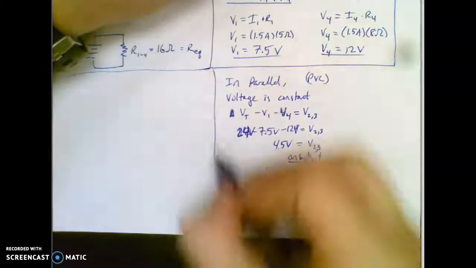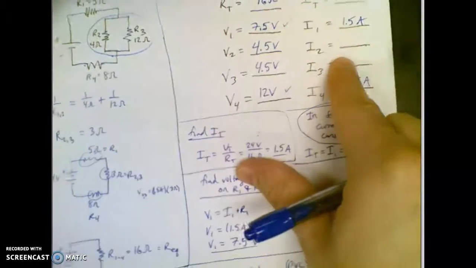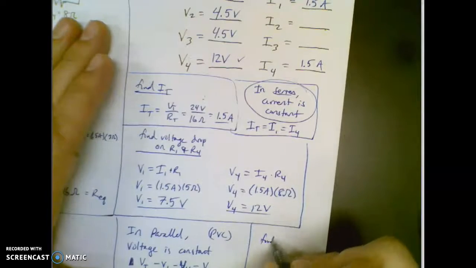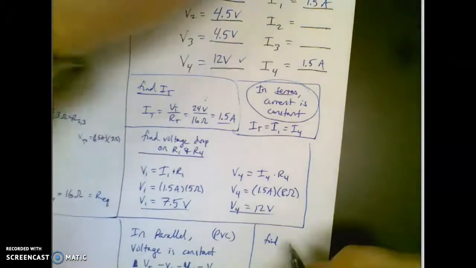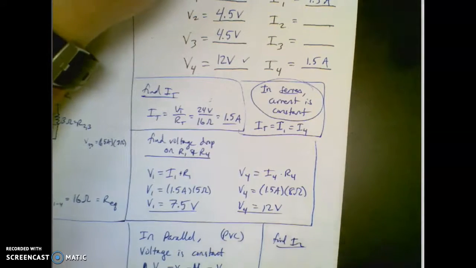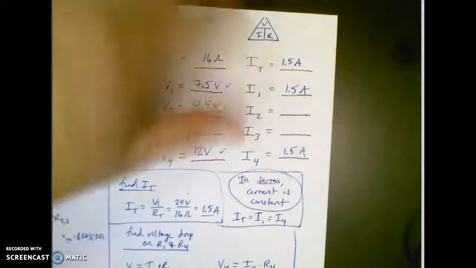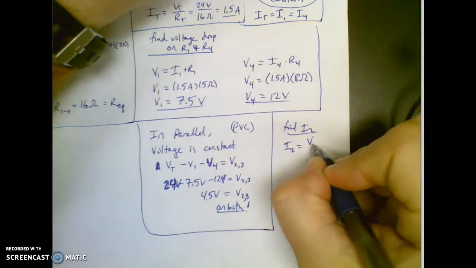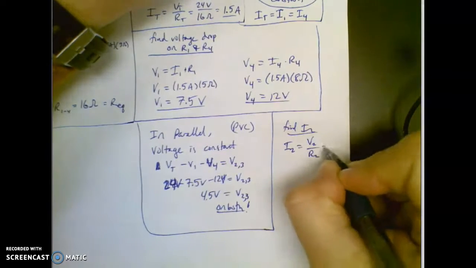But now it leaves us with our last thing, and that's if I know V2 and I know R2, I can find I2 with Ohm's law. I can do the same with these. So now we're going to find how much current goes down each branch. Okay, so we're going to find I2. So we cover up I, we say V over R. So I2 equals V2 over R2.